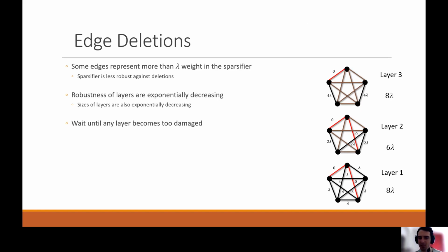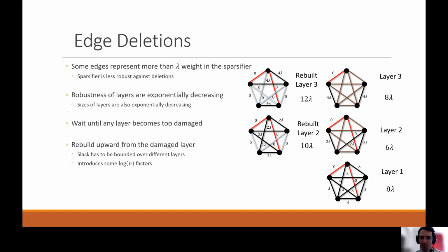Like here, layer 2 seems to be very damaged. We just rebuild every layer from that point upwards. And due to them having smaller edge sets, this will still result in constant amortized update time per layer, and we just do this with every layer, incurring some log factors. So the moral of the story here is that we can again just use amortized rebuilds.